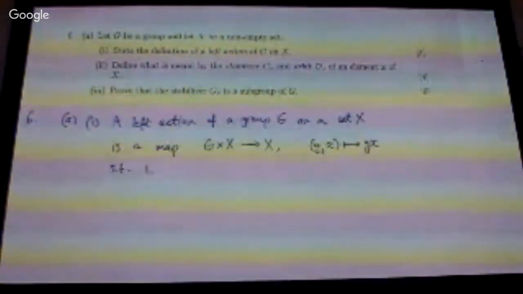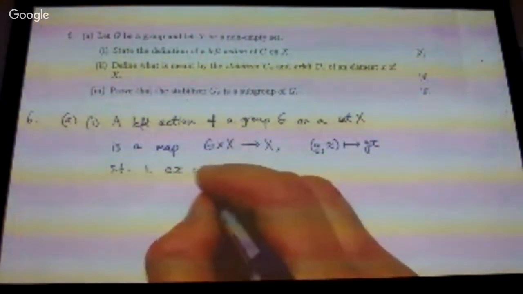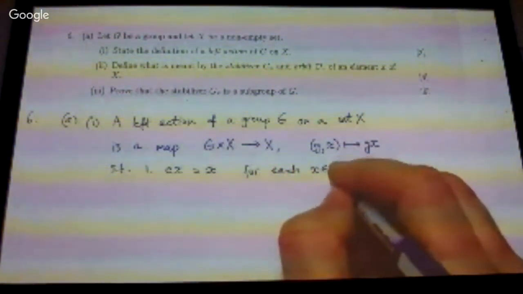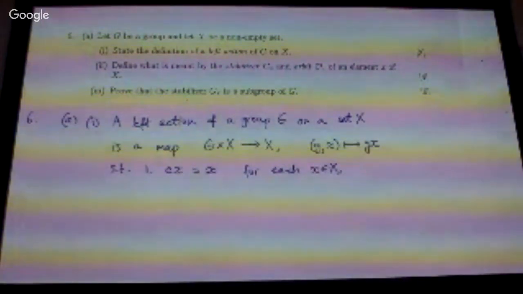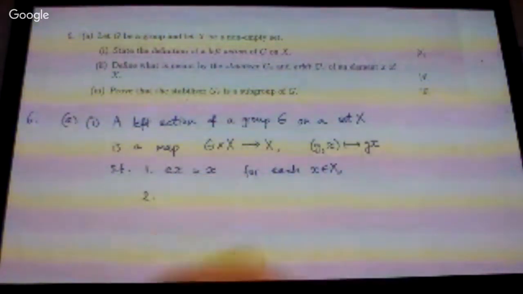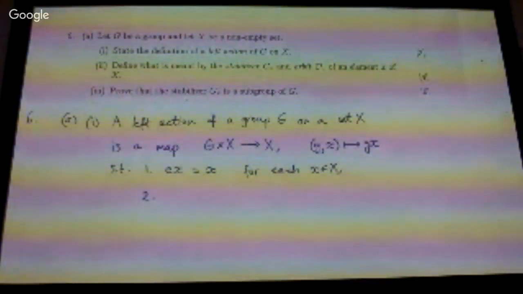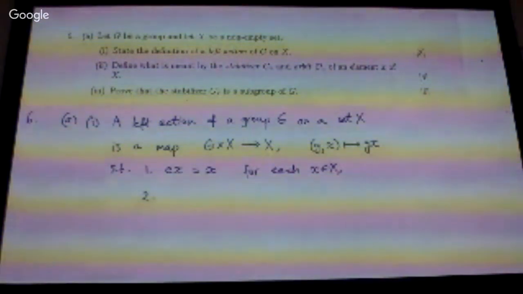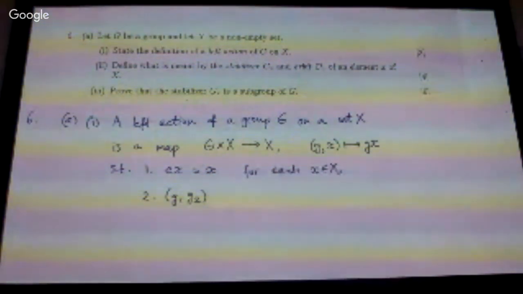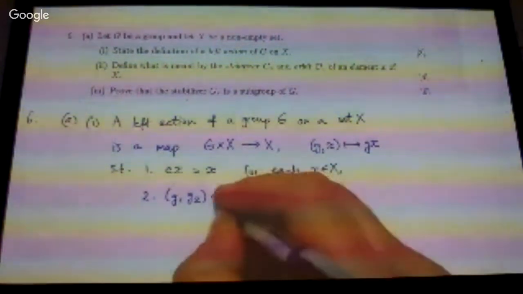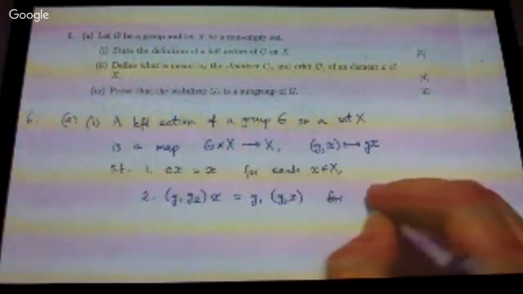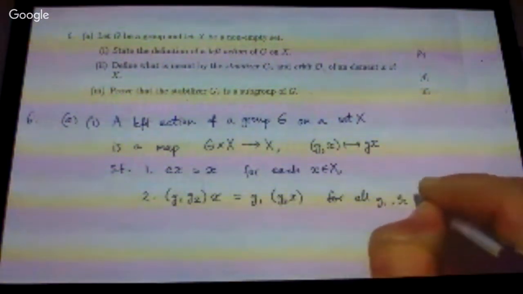The first condition is that the identity of the group doesn't do anything non-trivial, so it just fixes all the points in X. And the second condition is about how the product of two elements in the group acts on the elements of X. It acts like this.